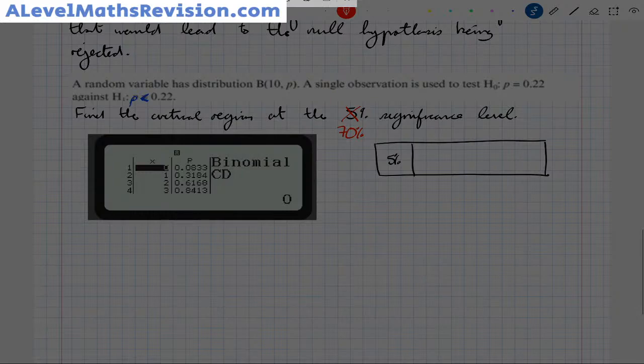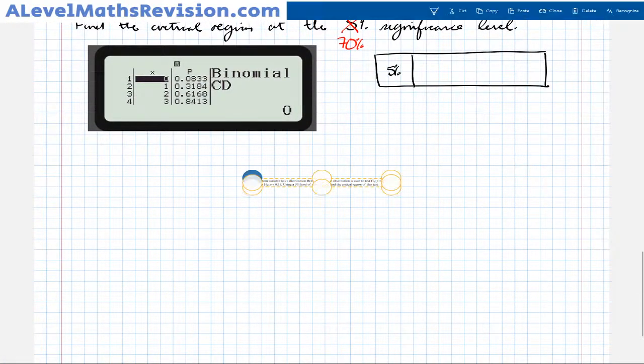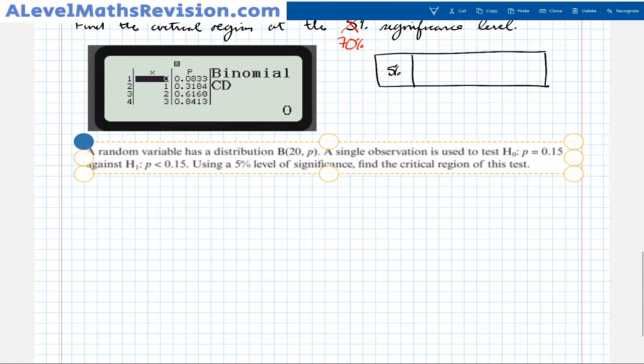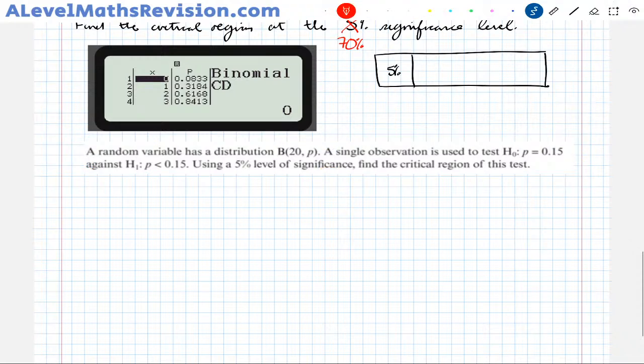So let's try another, now that you've got your head round how to do these, and hopefully this one will work. So a random variable has a distribution binomial, 20, p. A single observation is used to test the null hypothesis, p equals 0.15, against the alternate hypothesis, p is less than 0.15. Using a 5% significance level, find the critical region of the test.